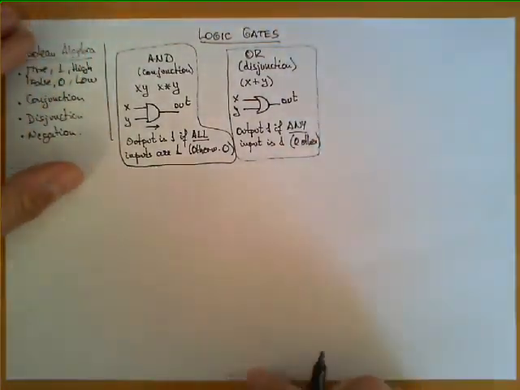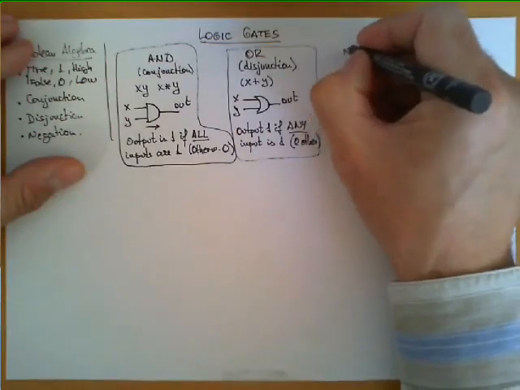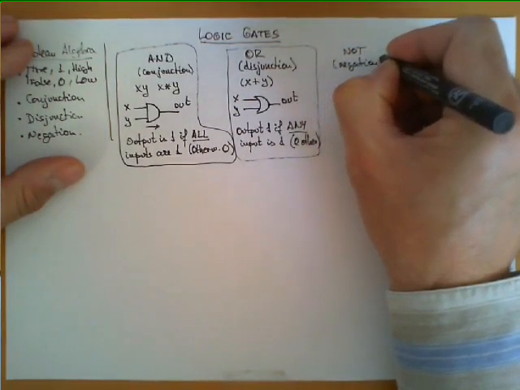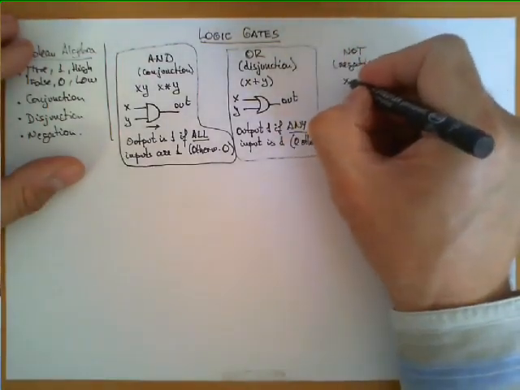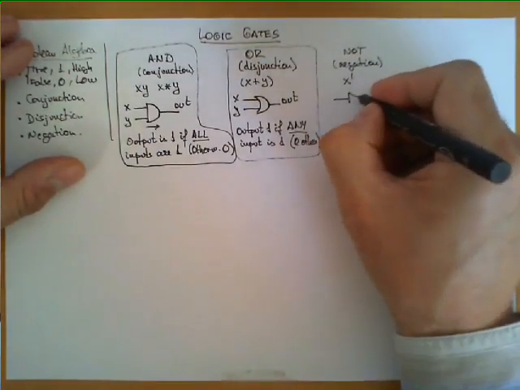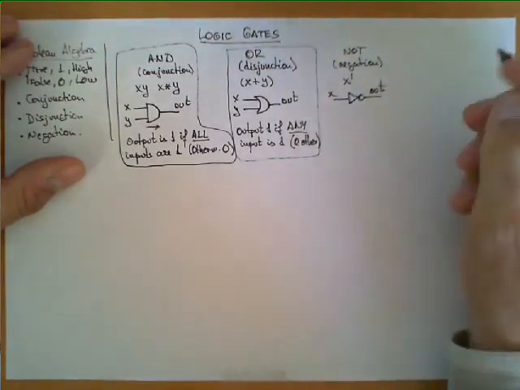The third operation, which is trivial, is the negation, and the gate is called NOT. The Boolean expression that is implemented in this gate is simply x prime, the negation of x, and the symbol is very simple. It's just something like this, and the rule is equally trivial.